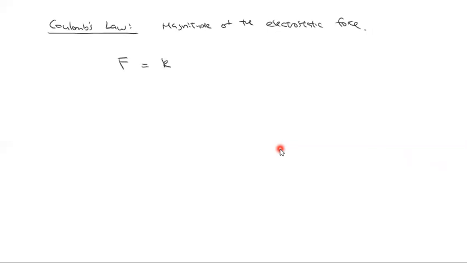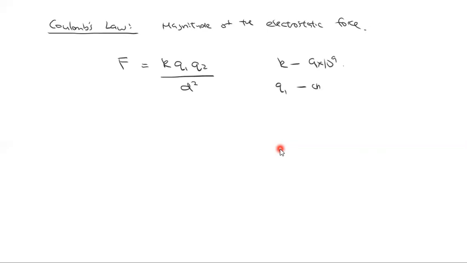And then we also introduced Coulomb's law, which we said was useful for determining the magnitude of the electrostatic force. And we told you that the electrostatic force was equal to kq1q2 over d squared, where k is Coulomb's constant, so it's 9 times 10 to the 9.